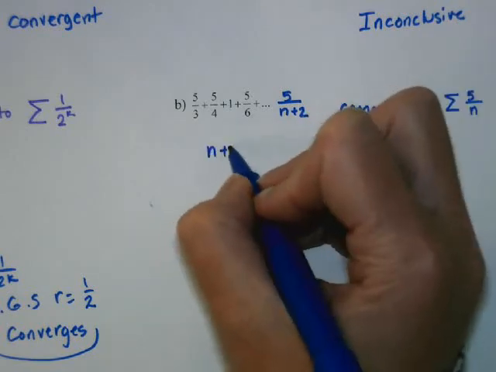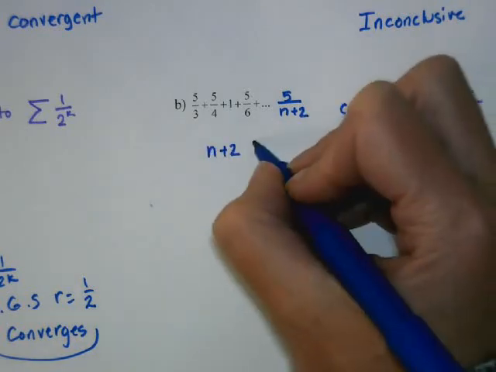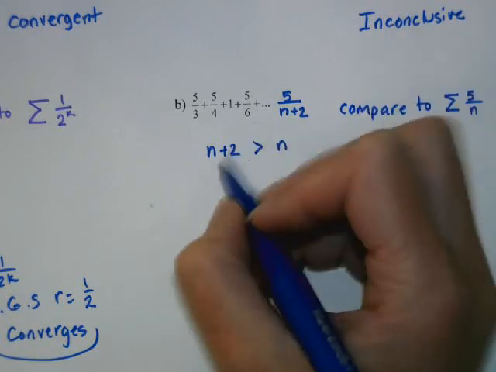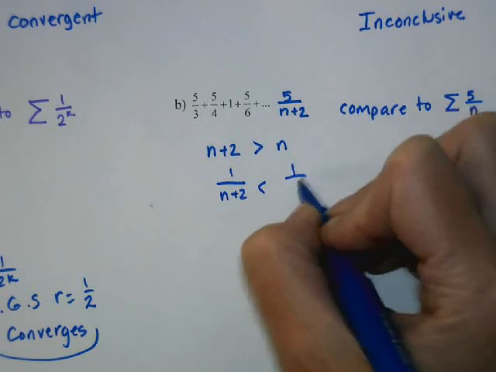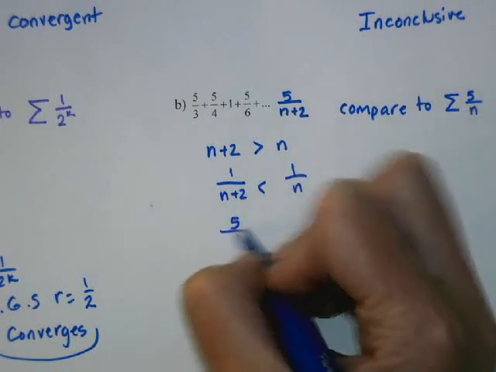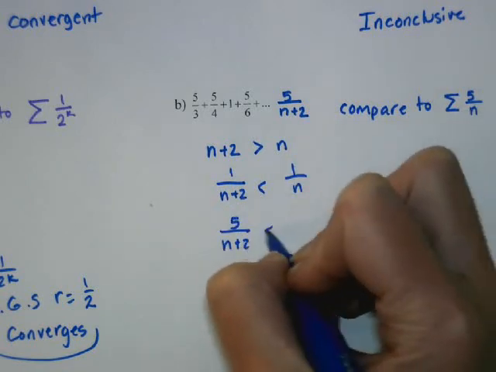Okay, n plus 2 is greater than n. So 1 over n plus 2 is less than 1 over n, which means 5 over n plus 2 is less than 5 over n.